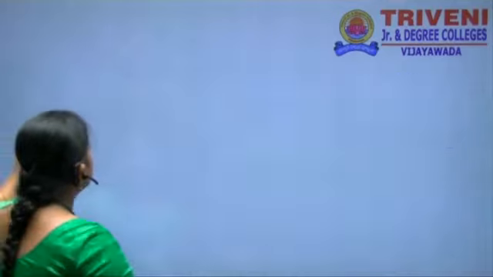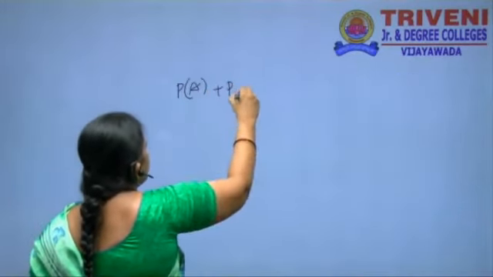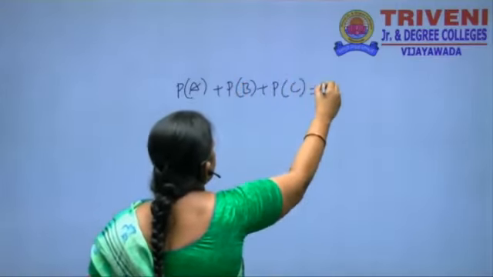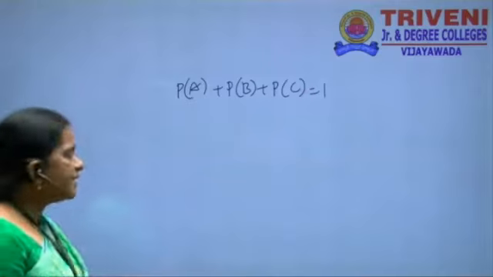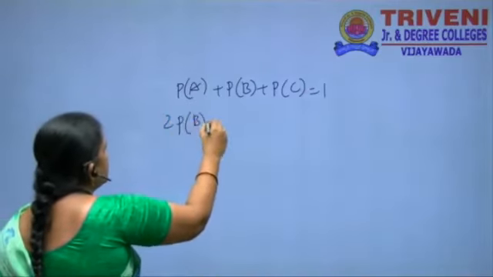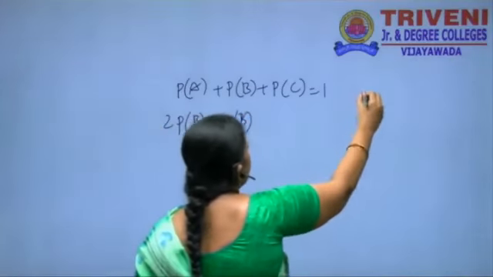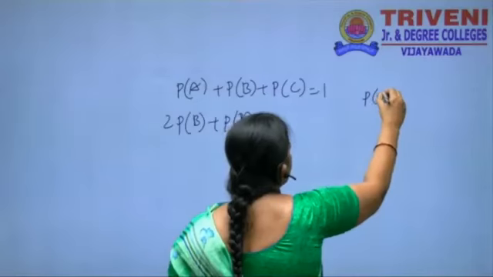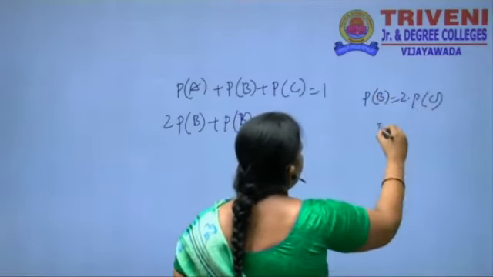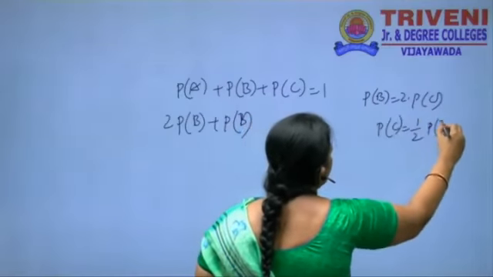We know that the sum of the probabilities is 1. P(A) + P(B) + P(C) = 1. P(A) is 2 P(B), and P(C) is 1/2 P(B).